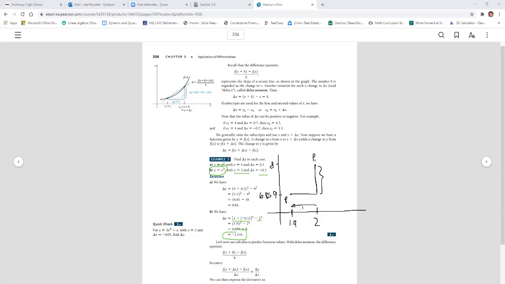This is the second position. And notice that we have a drop, right? We actually drop down as we move to the left. Since we drop down as we move to the left, that gives us a negative value.